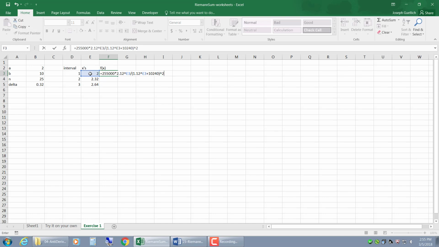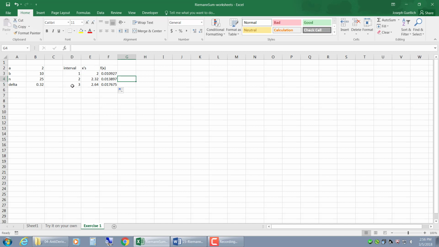Okay, so double check, a lot of typing there. So 255,000 times raised to the power of cell reference divided by that raised to the power of plus 10240. All of that squared. Looks good.